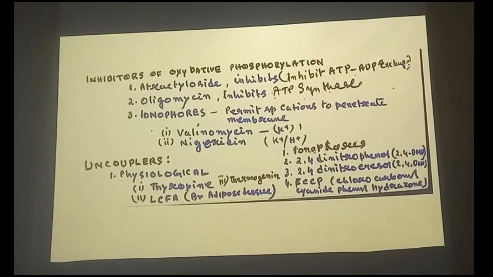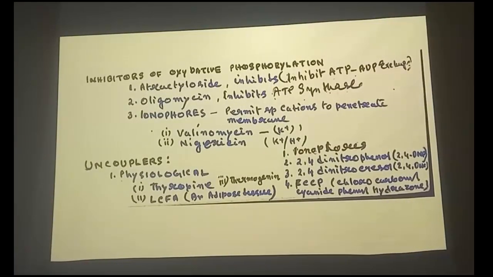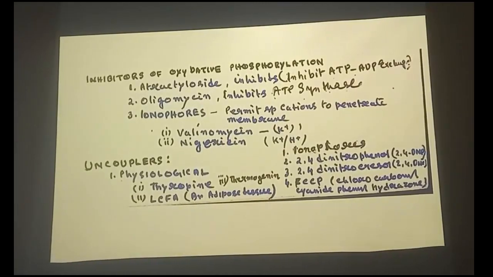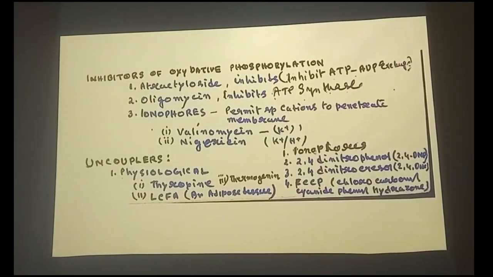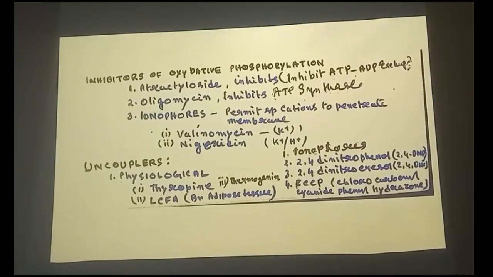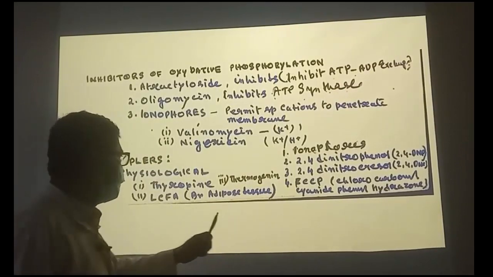So the oxidation process is blocked by the inhibitors of the electron transport chain, and the oxidative phosphorylation process is blocked by the inhibitors of oxidative phosphorylation as well as uncouplers. Make it very clear, and we are going to discuss the uncouplers in a little more detail.